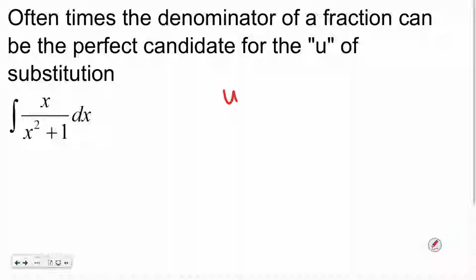If we let u equal the denominator, our derivative is always 1 less power, which is why that was a good sign. If we let the denominator equal x squared plus 1, then du would equal 2x dx.